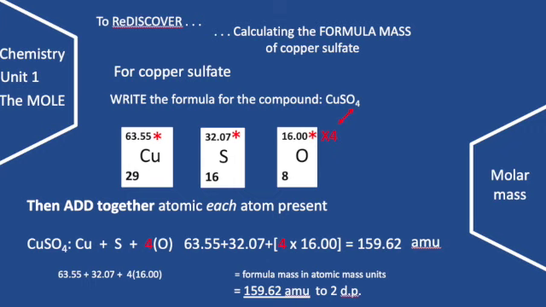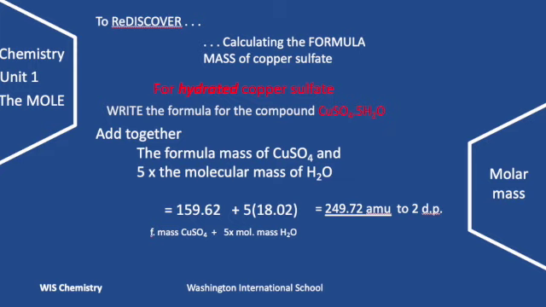But with copper sulfate here, you have to know the formula, and if you have a subscript, when you work out the atomic mass to get the formula mass, you need 4 atomic masses of oxygen in your total. And if we had hydrated copper sulfate, CuSO4.5H2O, you need to be given that.